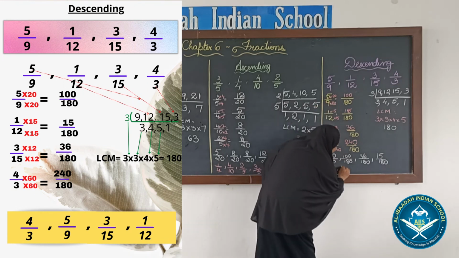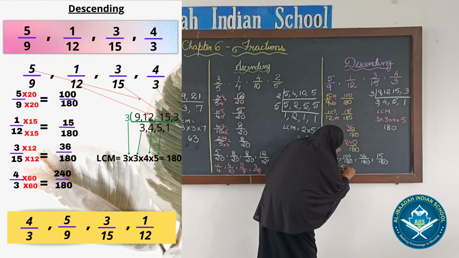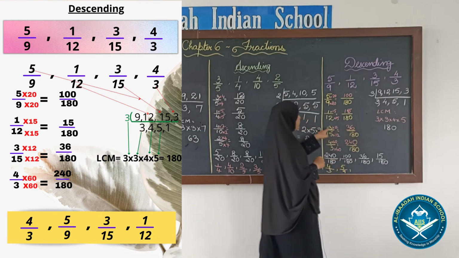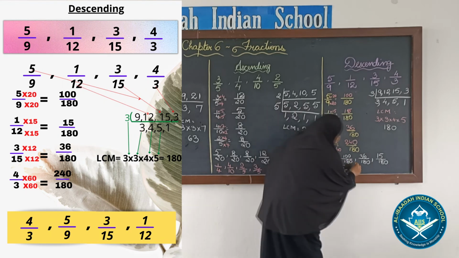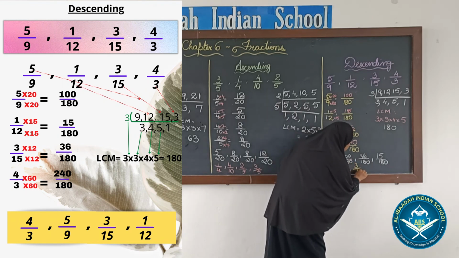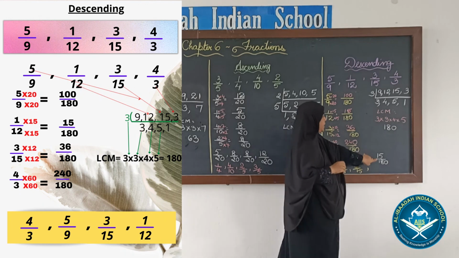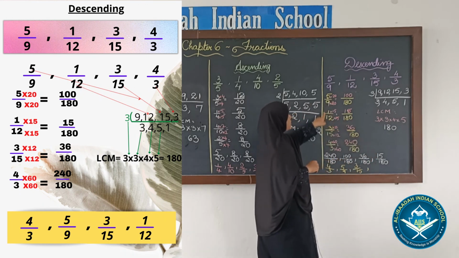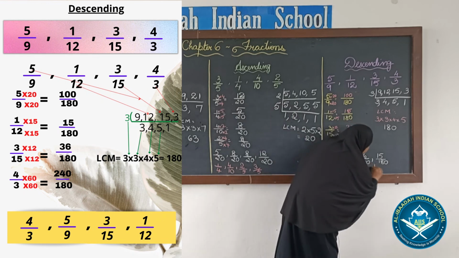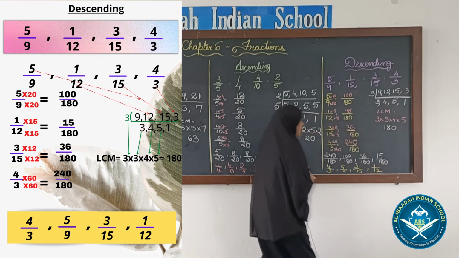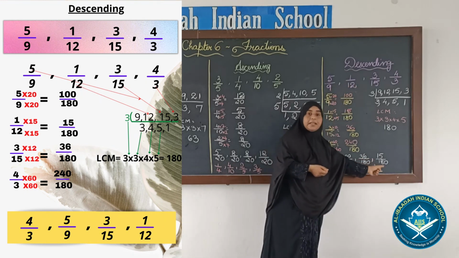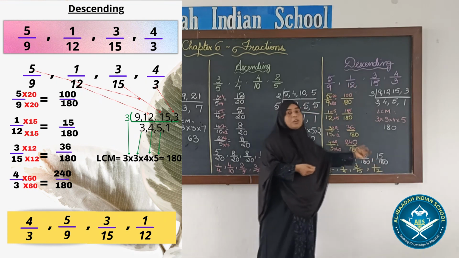So next fraction 5 by 9. Then 36 upon 180 was equivalent to 3 by 15. So 3 by 15. Then 15 by 180 equivalent to 1 by 12. So you can see these fractions, we have arranged them in descending order from greater to smaller.